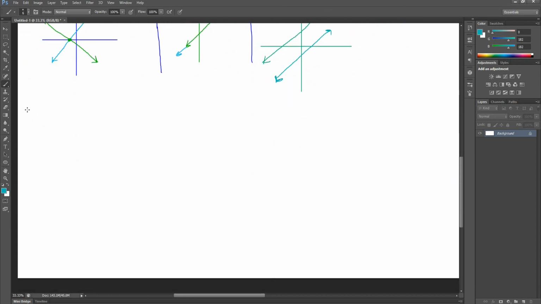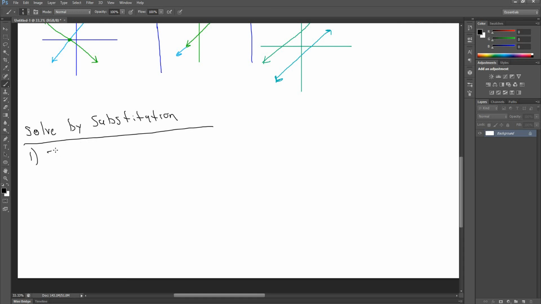They should be. We're going to start with substitution. Our first step is always going to be to solve for one variable.